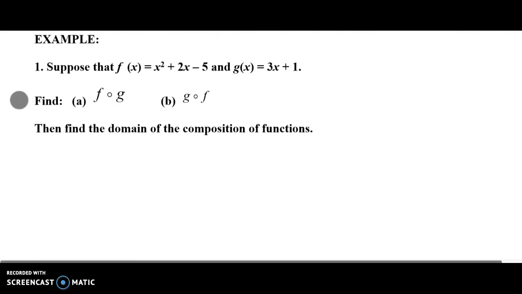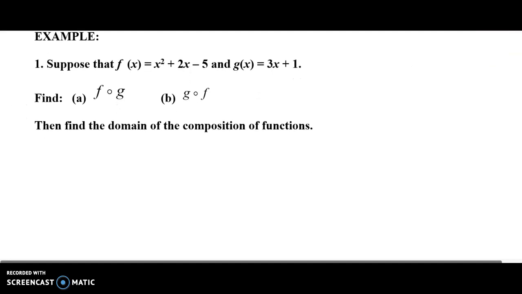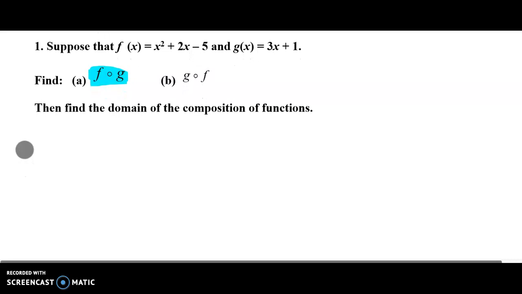So our first example is we're going to suppose that f of x equals x squared plus 2x minus 5, and g of x is equal to 3x minus 1. And first thing we need to do is find f of g of x. So let's do that. We have f of g of x.